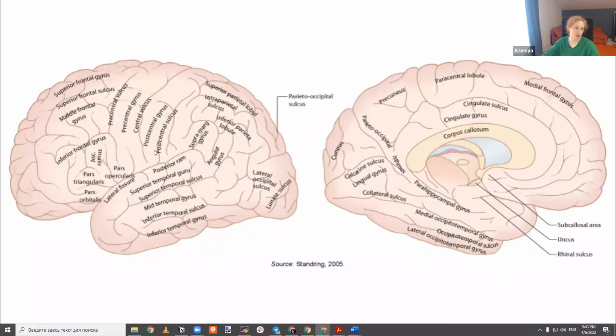What else? The central sulcus, which separates the frontal lobe from the parietal lobe, and so on.